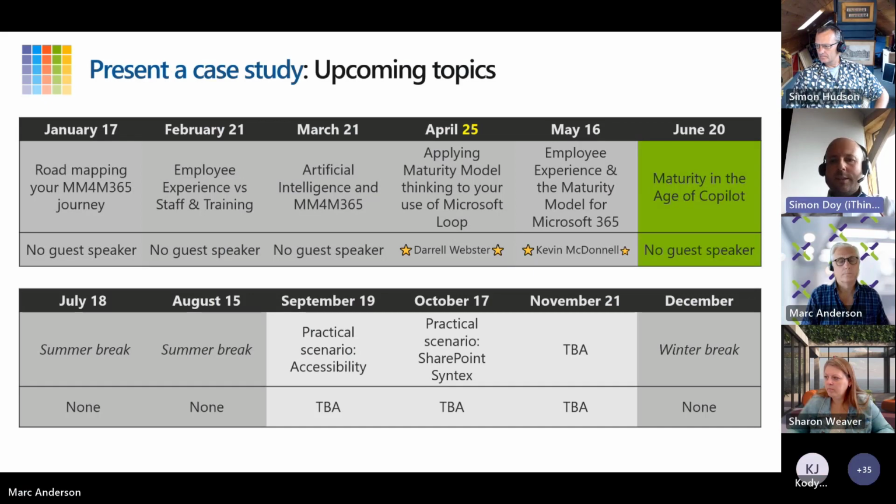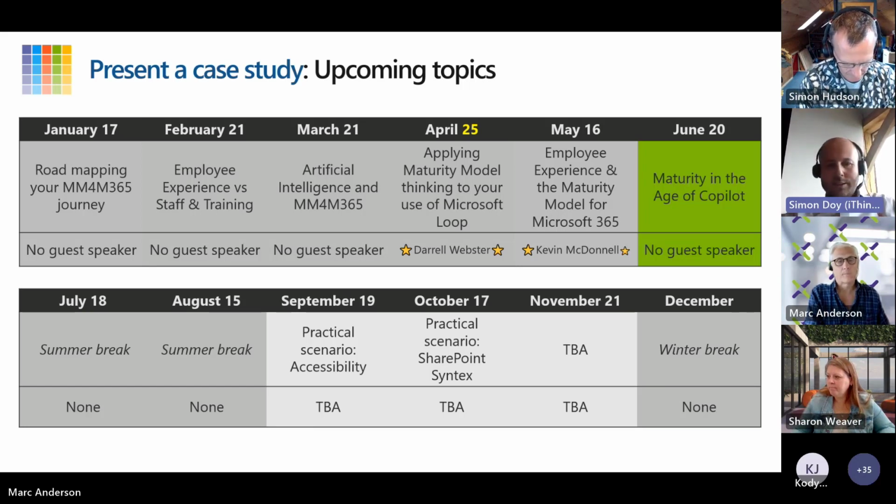So moving on to upcoming topics. Today we're talking about maturity in the age of Copilot. There isn't a guest speaker, it's all of us with our points of view. We're going to be taking a break for a couple of months, so we hope you have great summer breaks and take some time to decompress and wind down and enjoy the summer.